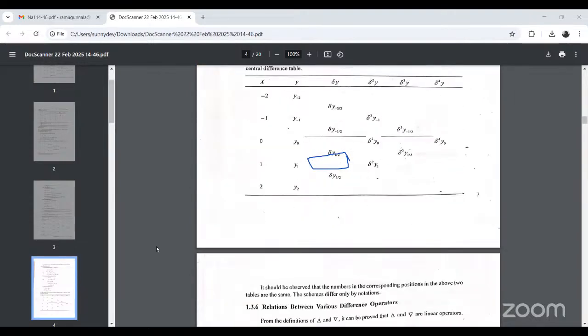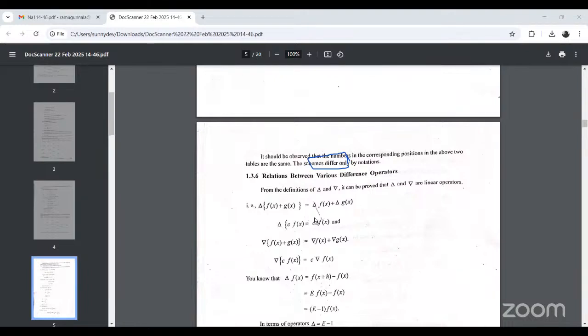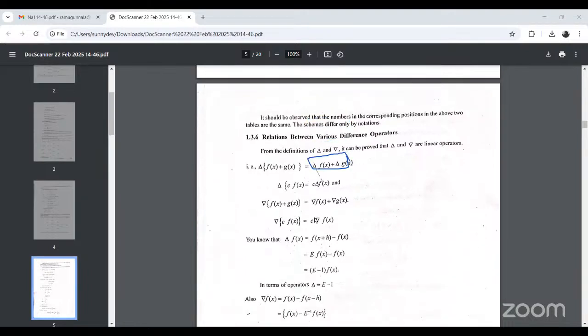Okay, and here is the relation between the various difference operators.